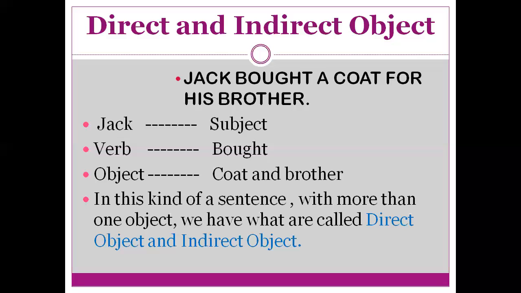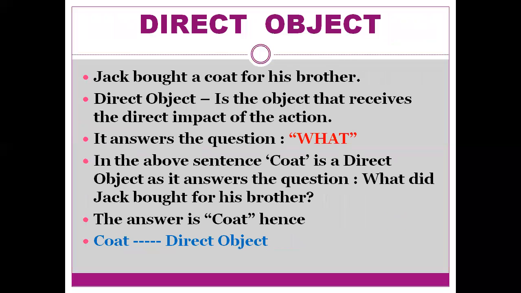And what actually is a direct object and an indirect object? First, let us see what direct objects are. I'll continue with the same example: Jack bought a coat for his brother.